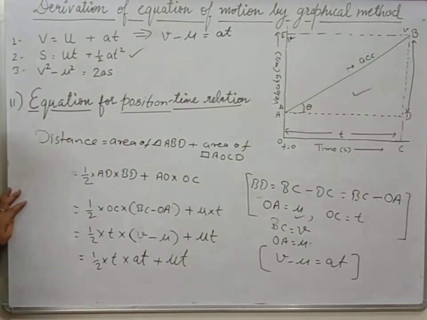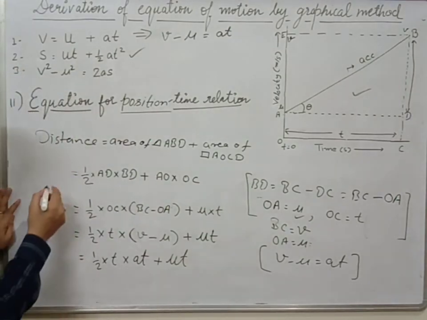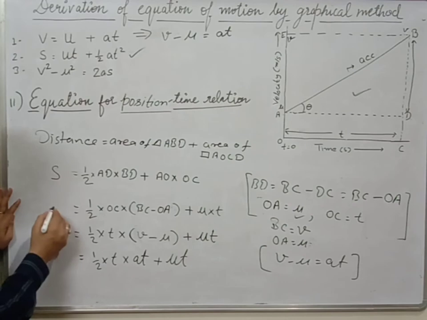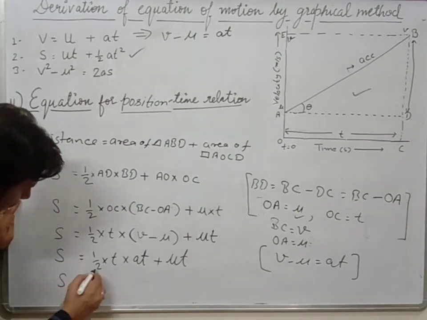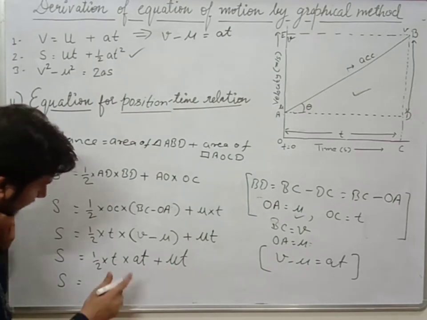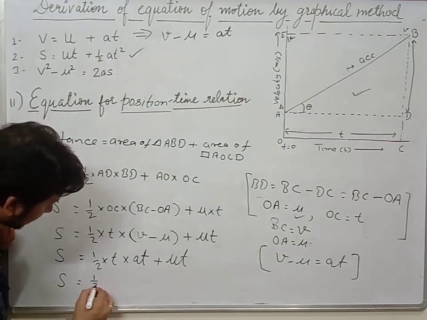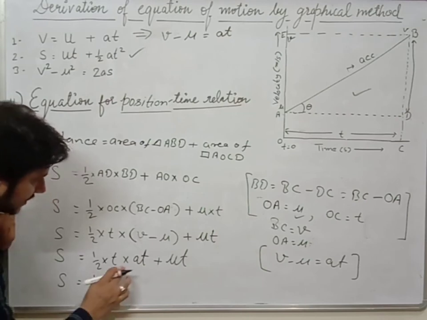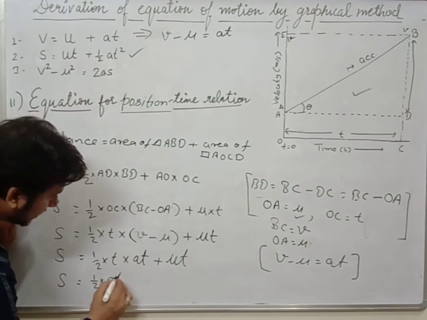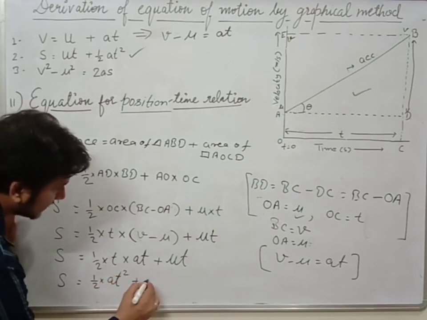Now see, this is the distance denoted by S, equals half t into AT, that is half AT square, plus UT.